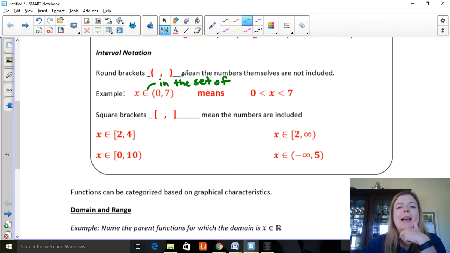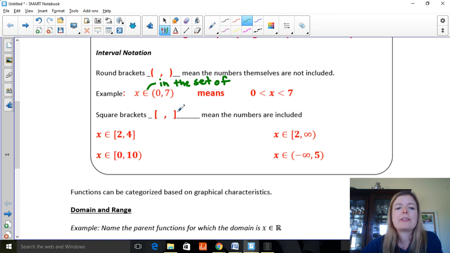Round brackets mean that the numbers themselves are not included. So x is in the set of round bracket 0, 7 round bracket means that x is in the set of all numbers between 0 and 7, but not including 0 or 7 themselves. In set notation, we would say x is greater than 0 but less than 7. These two things mean the same thing.